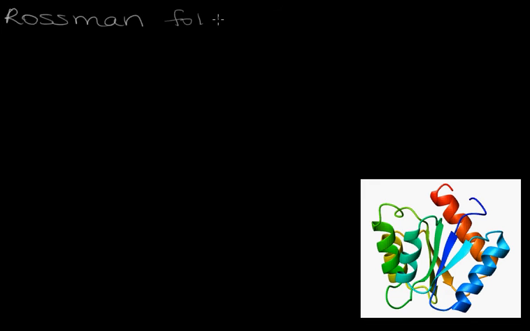This is really good for binding cofactors, and this shares an alpha-beta motif, the secondary structure repeating like this. Beta, alpha, beta, alpha. So it's got two repeating units: beta, alpha, beta, alpha, beta, alpha.